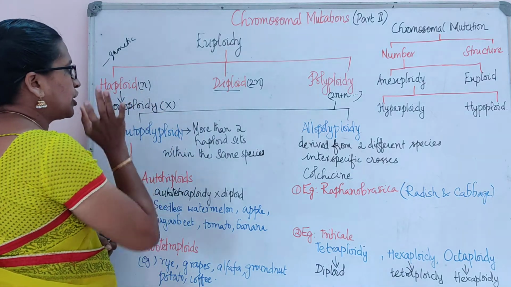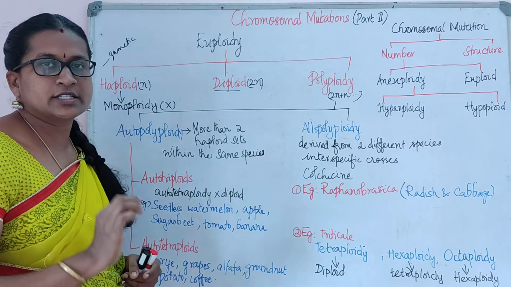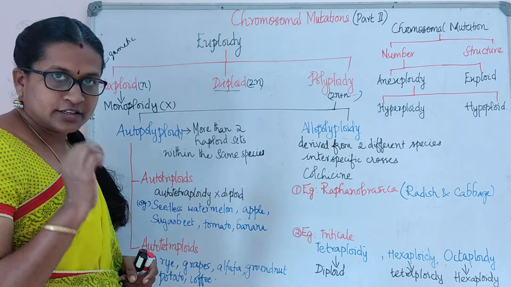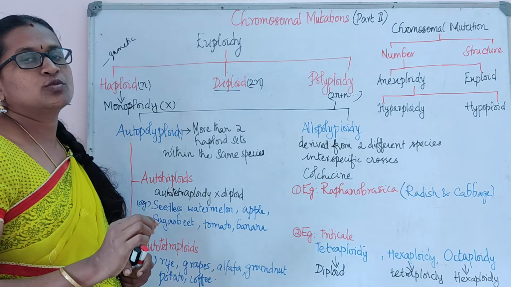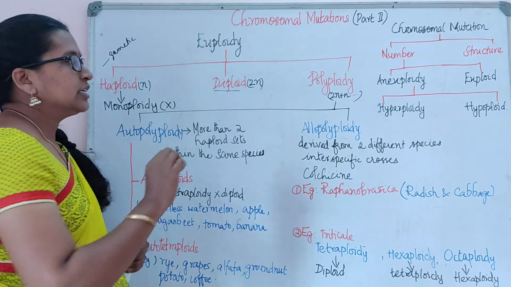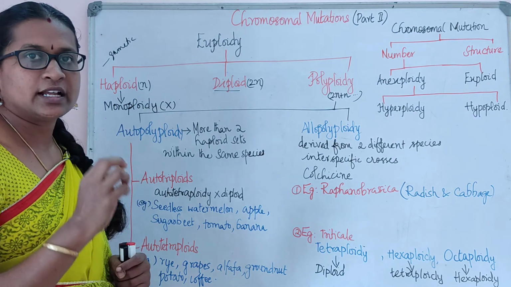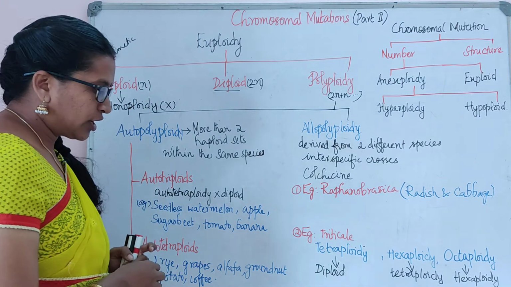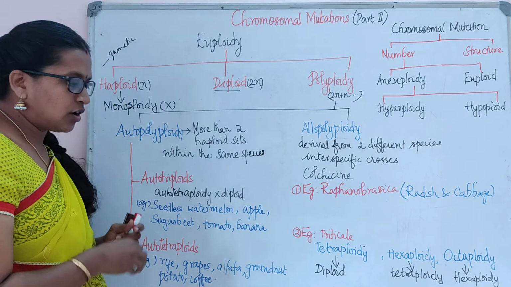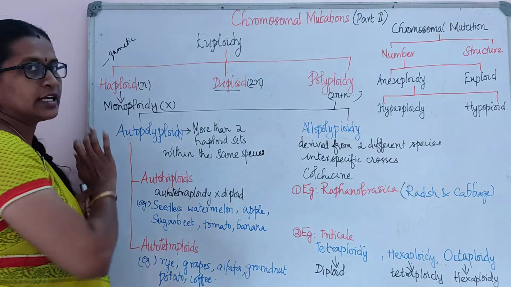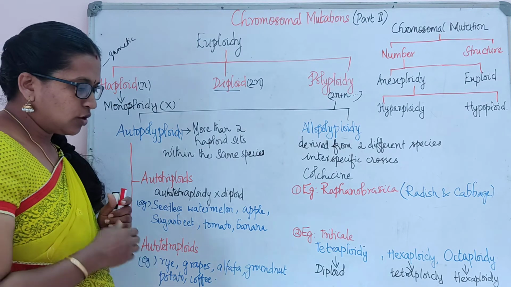But monoploidy exists only when there is ploidy. If there are any changes in the chromosome numbers, then monoploidy is there. When the organism exhibits a ploidy condition, then we call it monoploidy, okay?